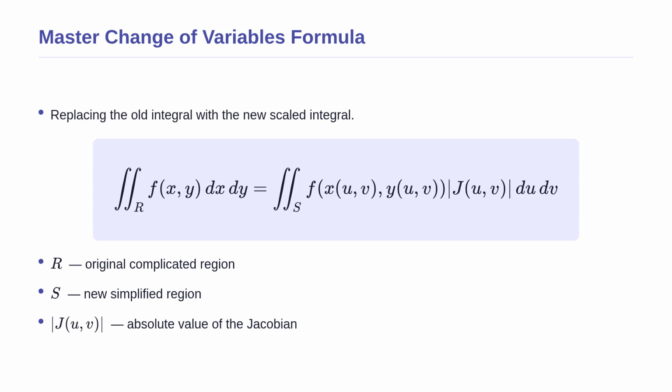The old area pieces, dx dy, are completely replaced by the new, properly scaled area pieces, du dv. If the Jacobian is large, it means a small change in u and v covers a large area in x and y.